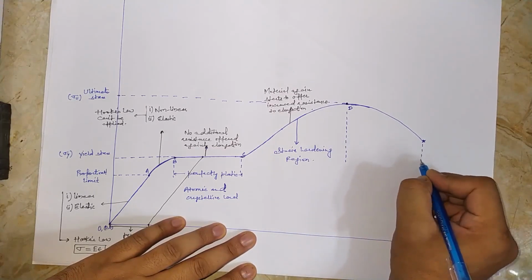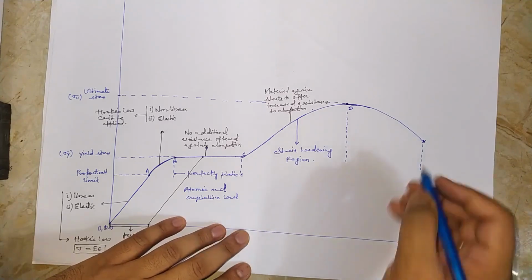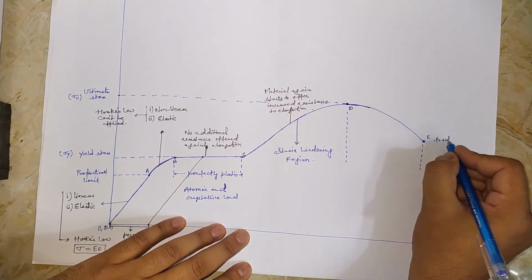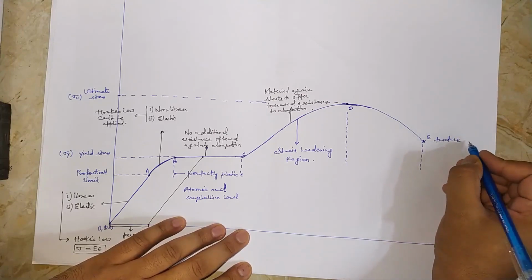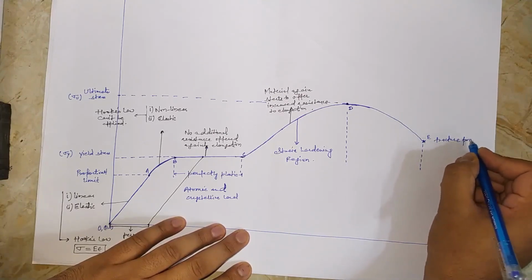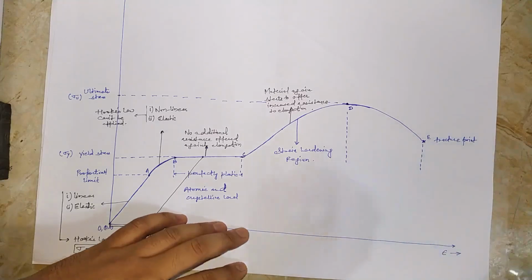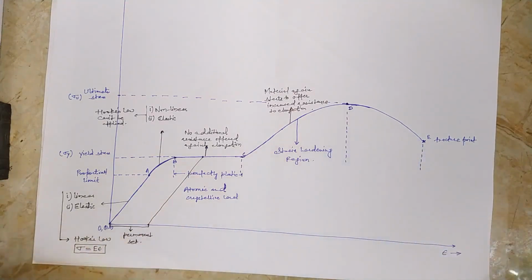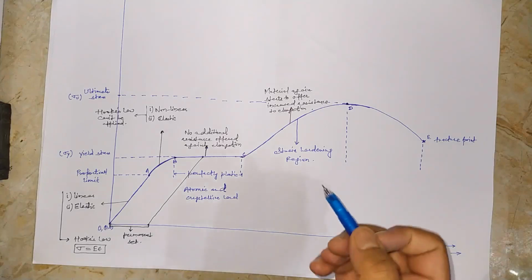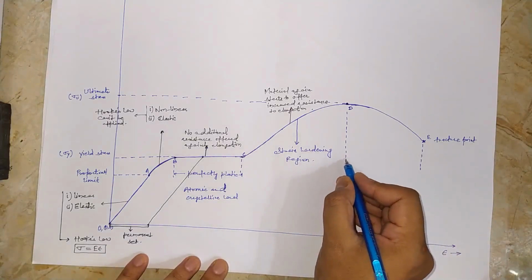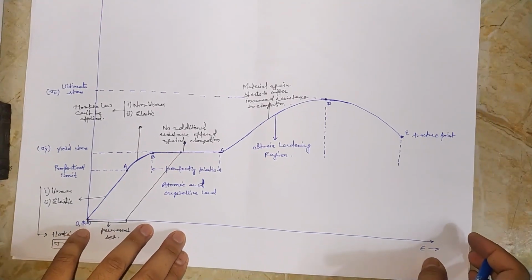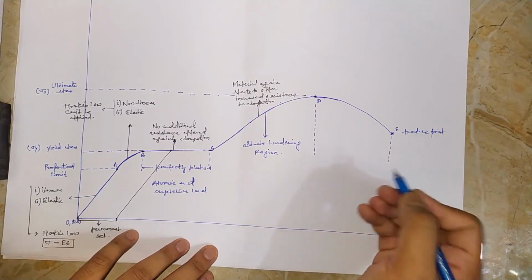The stretch of the graph between point D and point E is actually called the fracture point, where the material actually fractures after coming to this point. So now we see a negative slope in the curve from D to E, and while seeing the graph, it feels that the material property has deteriorated, but it is not so.